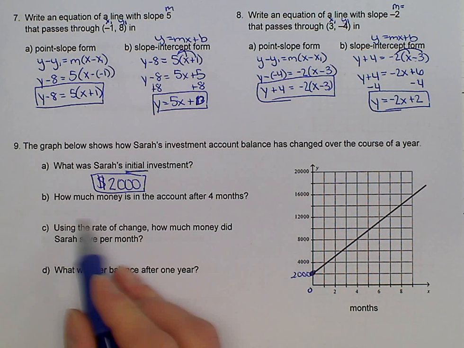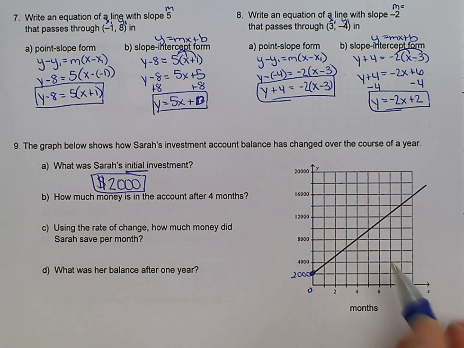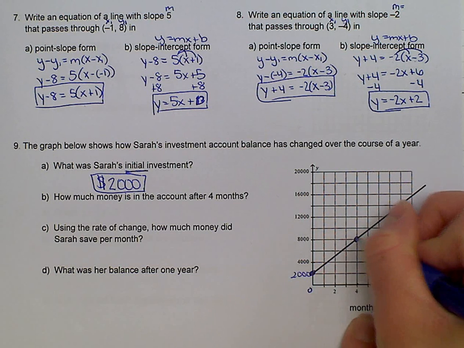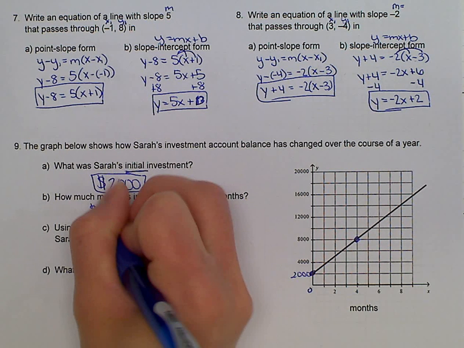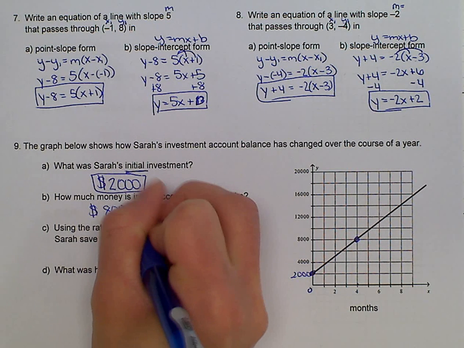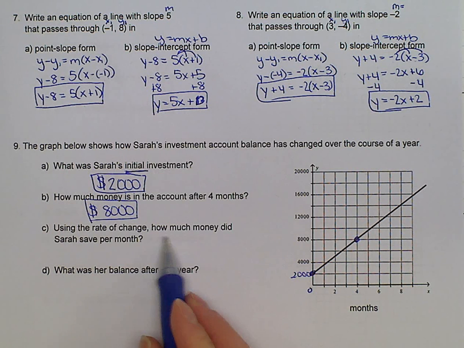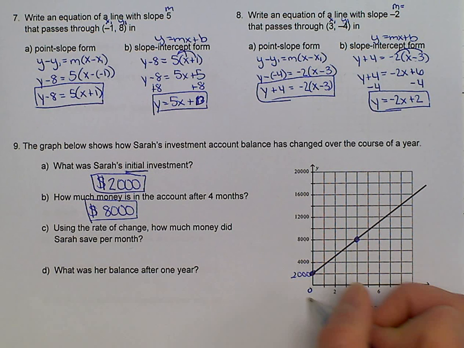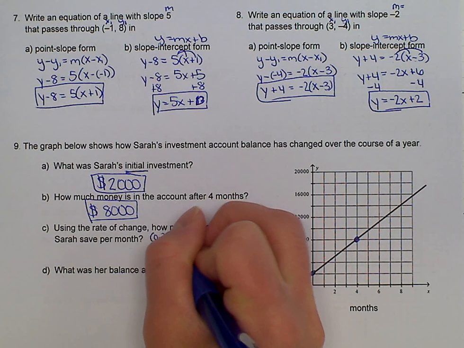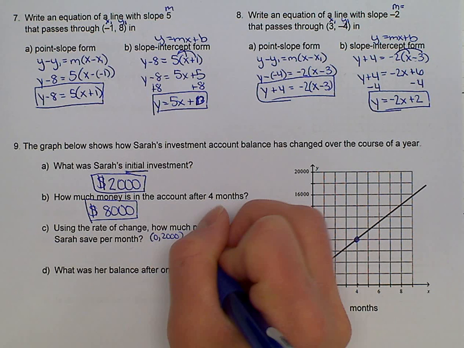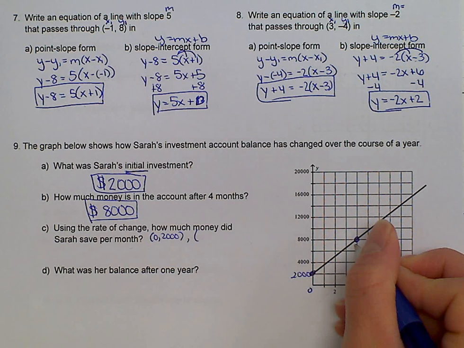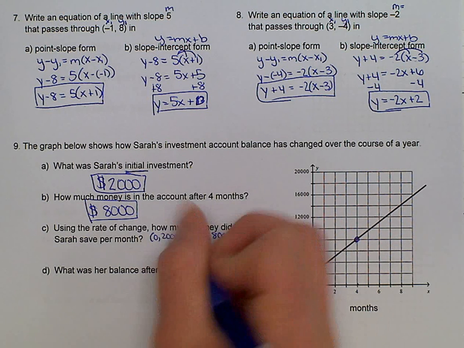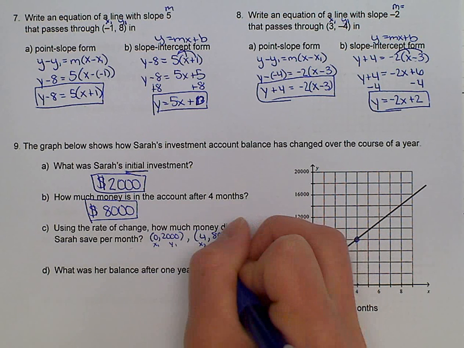How much money is in the account after 4 months? So I'm going to locate 4 months, look at our point, and it is $8,000. It says using rate of change, how much did Sarah save per month? Well, I'm going to use the y-intercept here, which was (0, 2,000), and then I'm going to use the point that I just found at 4 months. She had $8,000. This is going to be my x sub 1, y sub 1, x sub 2, y sub 2.